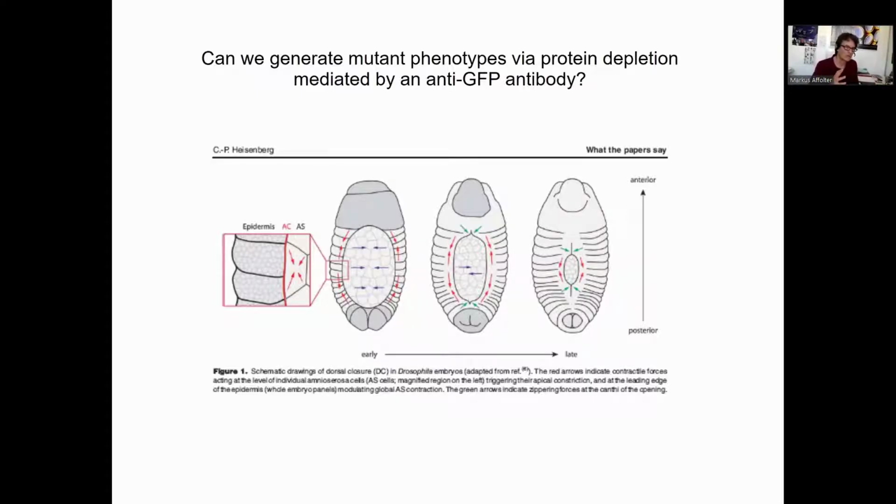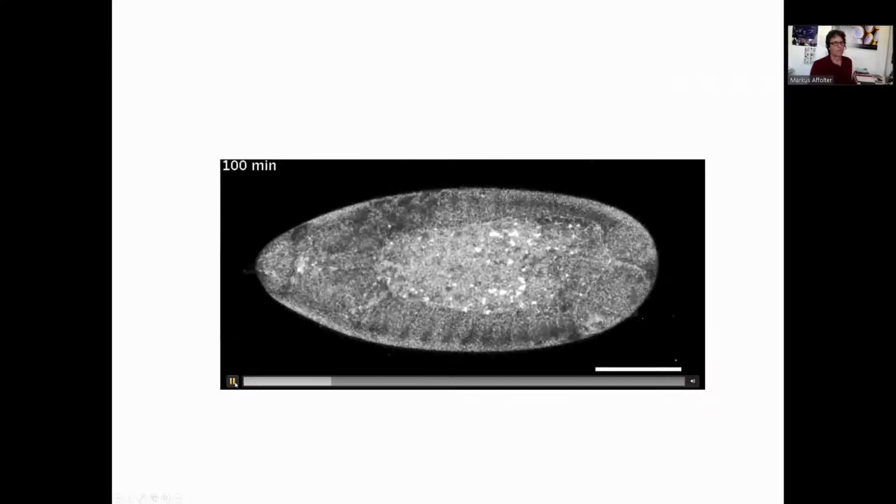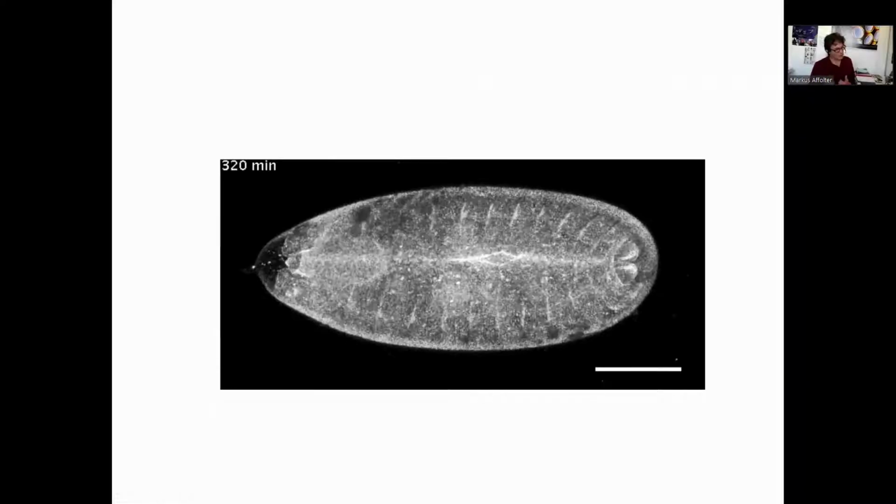But what we wanted to do then is address biological questions. Nice method is good, but can we really address biological questions? And the biological model we looked at is this, dorsal closure. This system has been used by a lot of labs, not by ours.